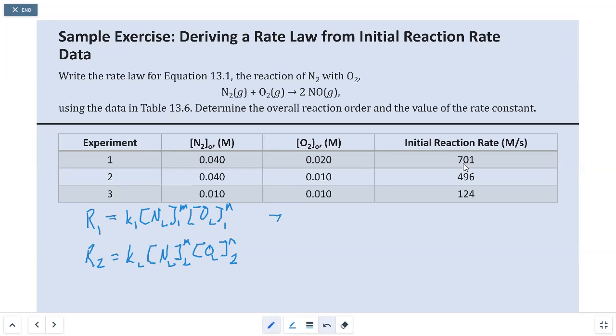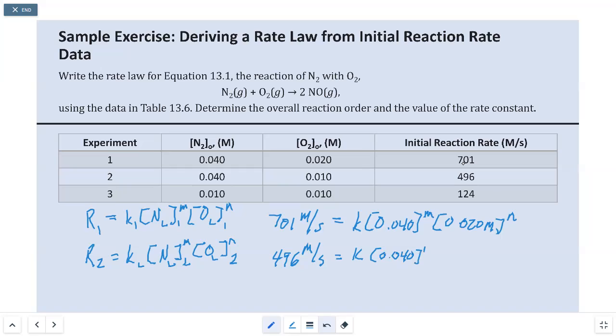So R1, 701 molar per second is equal to K times the concentration 0.040 to the power M times 0.020 molar to the power N. And the second one, 496 molar per second is equal to K times the concentration of 0.040 to the M, or sorry, got ahead of myself there, 0.010 to the N.